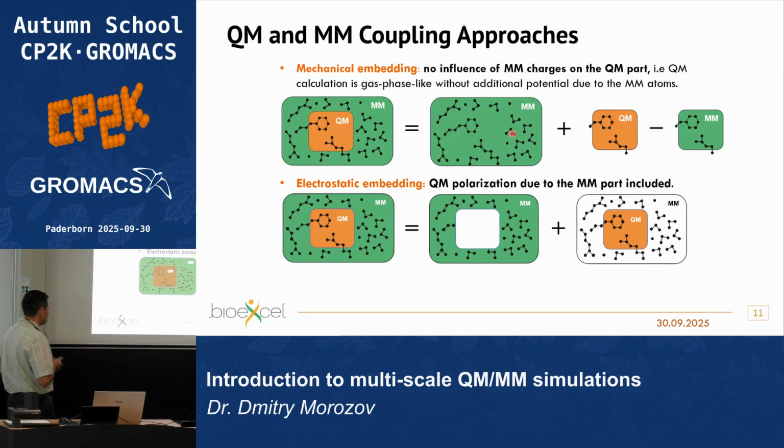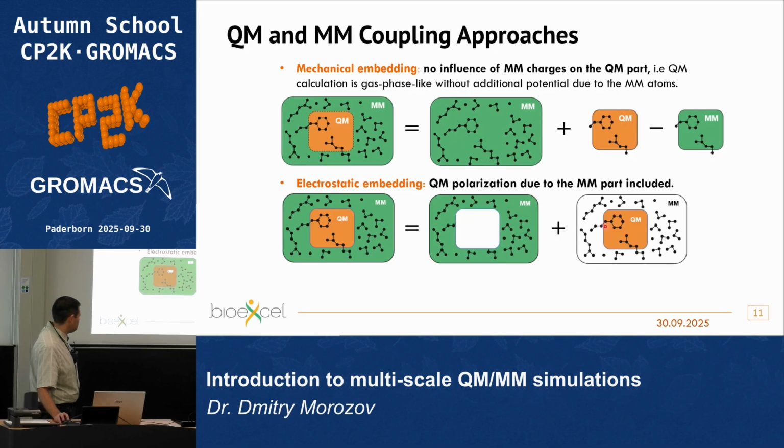In order to overcome this, there is a second type of embedding, which is called electrostatic embedding. This is usually defined as when your QM system feels the polarization due to point charges from your MM system. This is usually called the additive scheme, because instead of taking the whole system at the MM level, you only calculate the MM system without the QM atoms at the MM level.